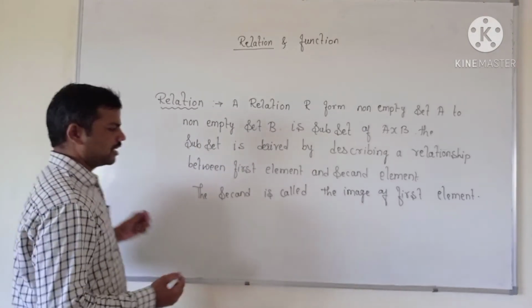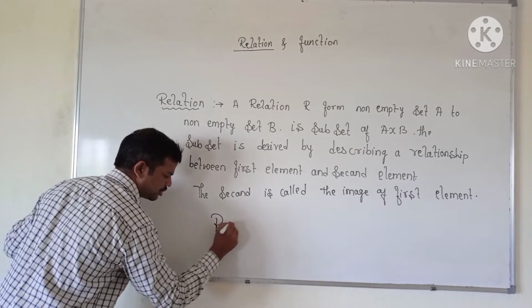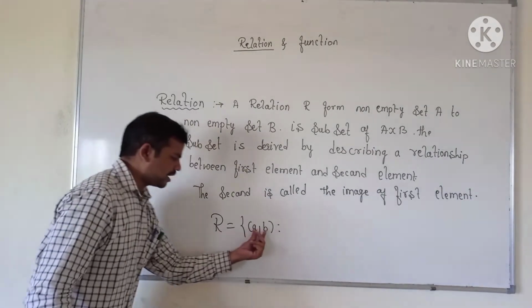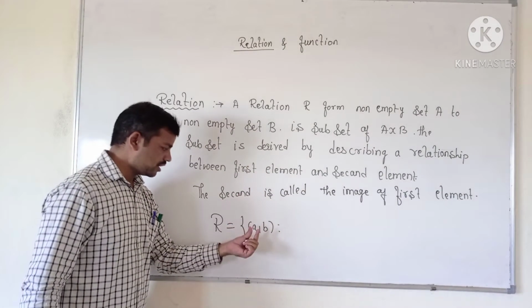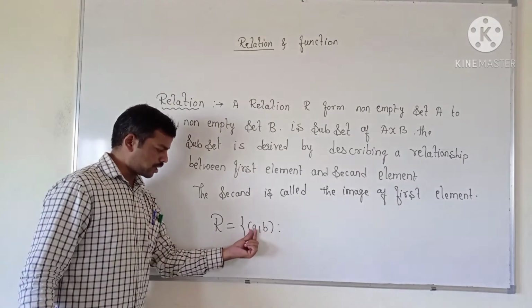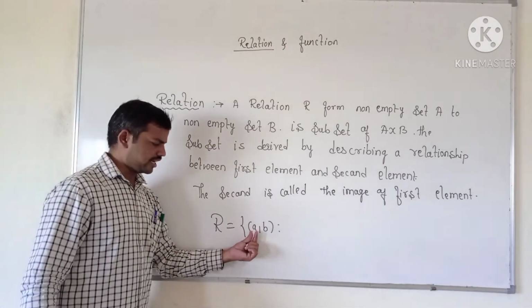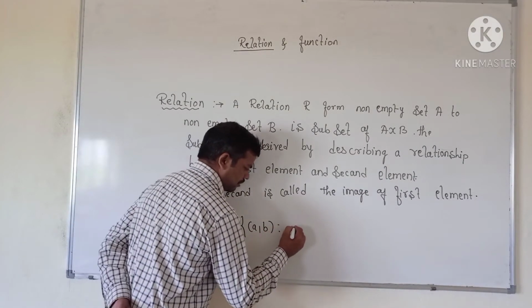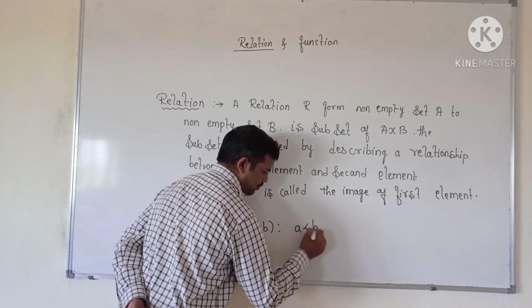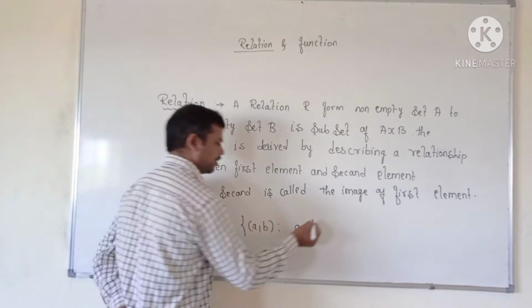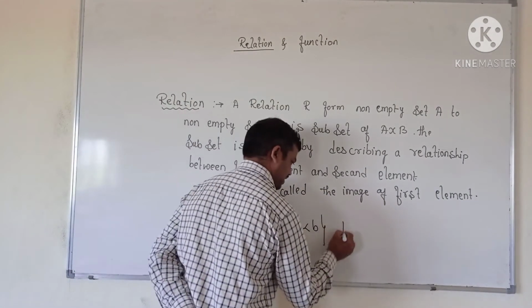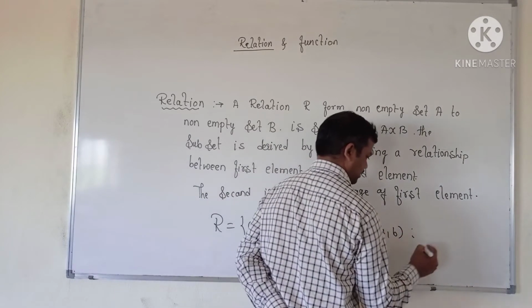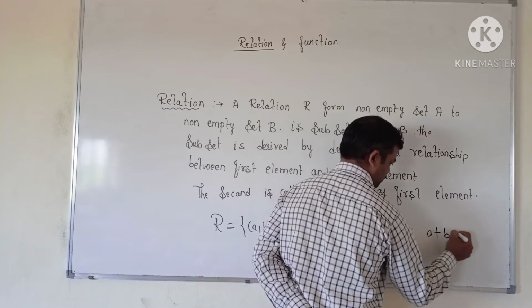So then we can take one example for this relation. R is a relation we can give, that is a collection of ordered pairs. Where did we take these ordered pairs from? From the Cartesian product. So we have to give a specific connection between the first element A and the second element B. Say A is less than B. And also another example we can take: R is equal to the set of A comma B such that A plus B is equal to 6.